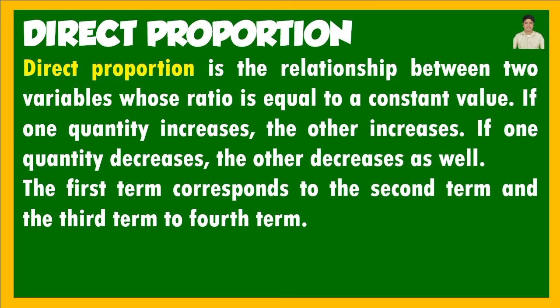So, yung mga terms na sinasabi natin, ito sila. A over B is equal to C over D. So, ibig sabihin yung first term natin, A, nagko-correspond siya sa second term natin, which is B. Ayan. And then, si third term na C, correspond siya dun sa fourth term, which is D.